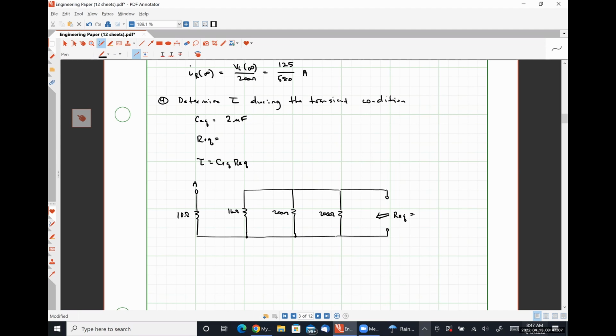So what do I see? Exactly right. 16 in parallel with 200 in parallel with another 200. So that's 16 times 100 over 16 plus 100, or 13.793.